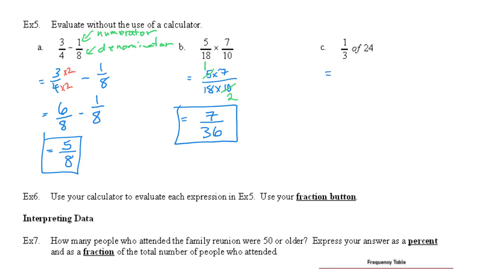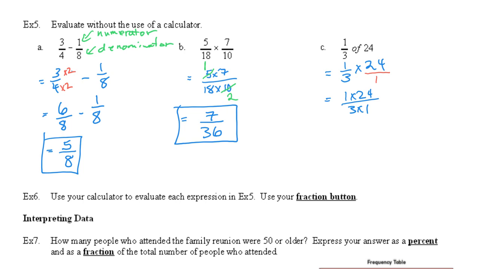1/3 of really means 1/3 times 24. Now, because we're multiplying, remember when we multiplied two fractions, we combined the tops and the bottoms, right? We can take 24 and represent it as 24 over 1, right? Which means we can write this as, just like before, 1 times 24 divided by 3 times 1.